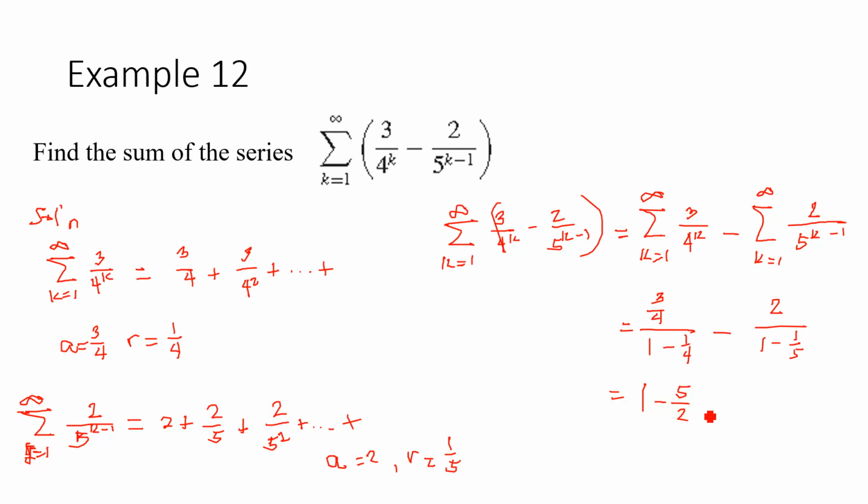And 1 minus 5 over 2 is equal to 2 over 2 minus 5 over 2, so that is negative 3 over 2. Therefore, this is equal to negative 3 over 2.